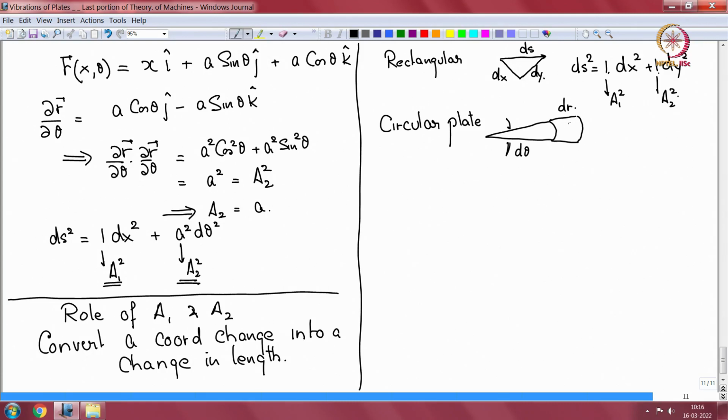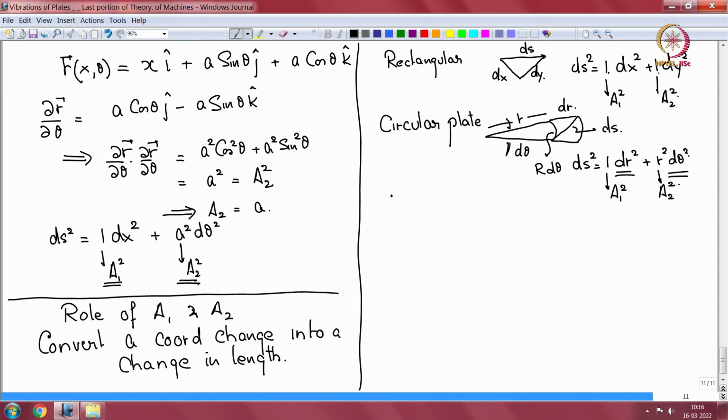Now if we look at this arc length, this is my ds, then ds square is equal to dr square plus r square d theta square. So there is a 1 here, that is A1 square, because dr is already in length coordinate, whereas d theta is angular, and therefore you need r square to convert it to a length.